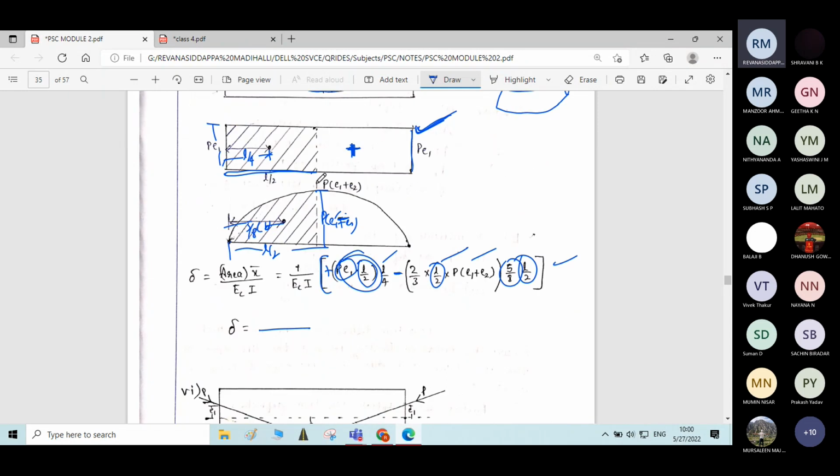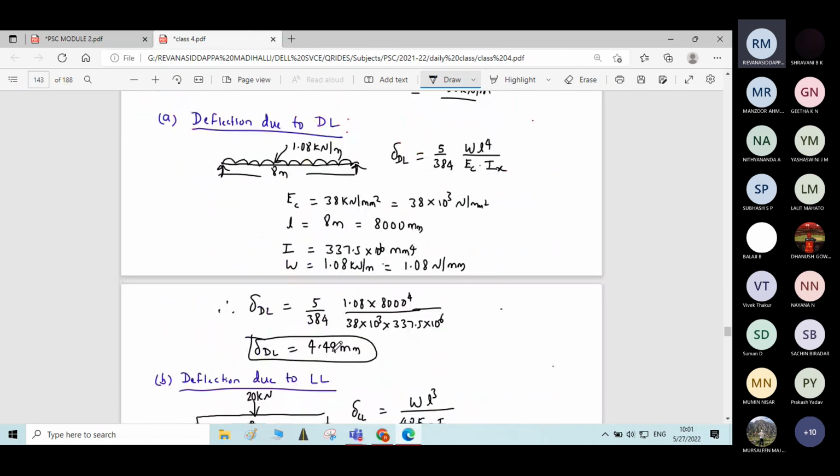Now what is the nature of the BMD? Plus P into E1, and with negative sign, minus P into E1 plus E2. Let me write the diagrams here.